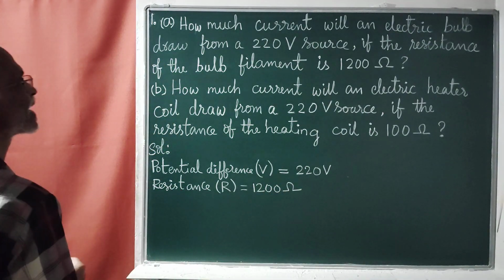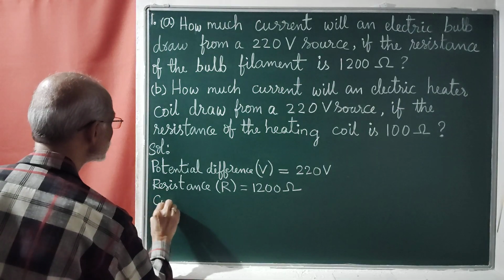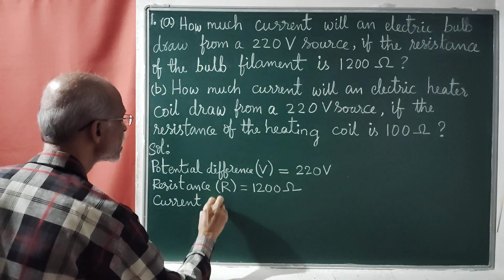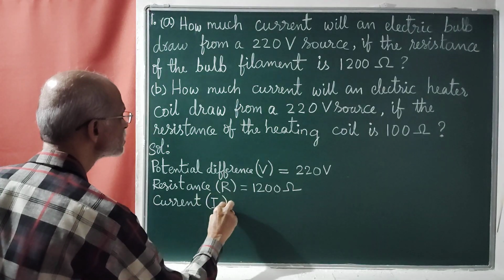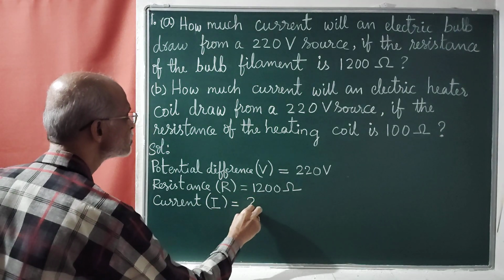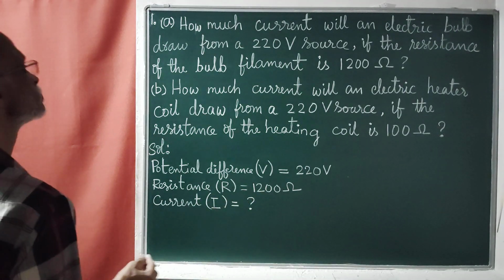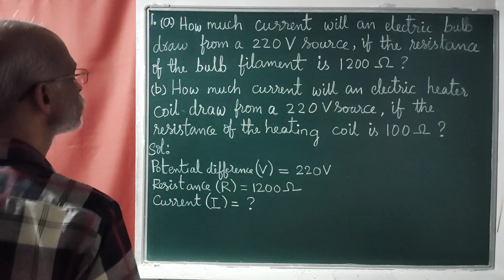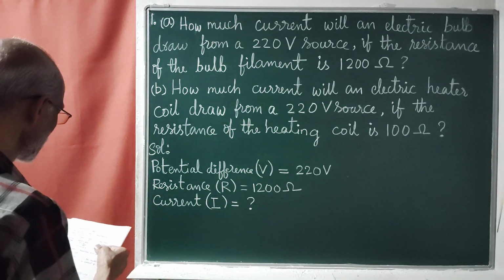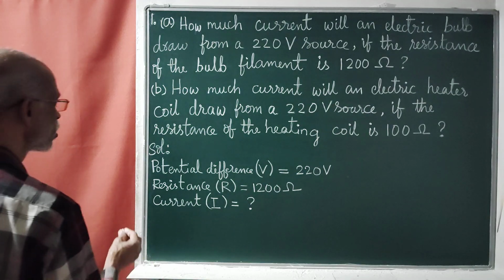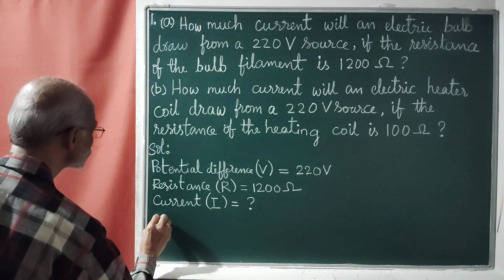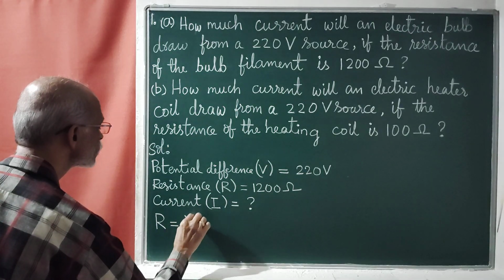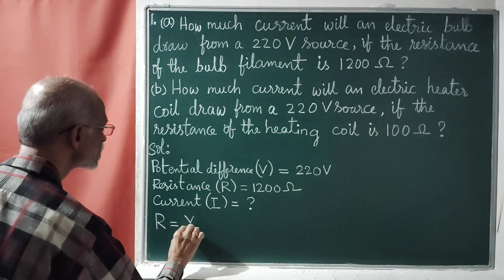Now to find the current, I we have to calculate. So we can calculate the current by using Ohm's law. According to Ohm's law, R equal to V by I.